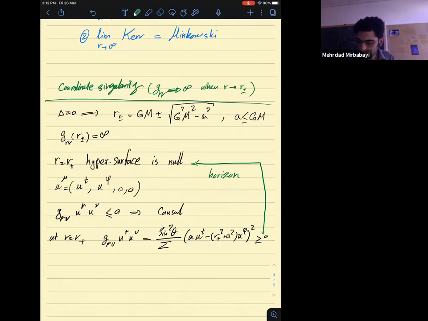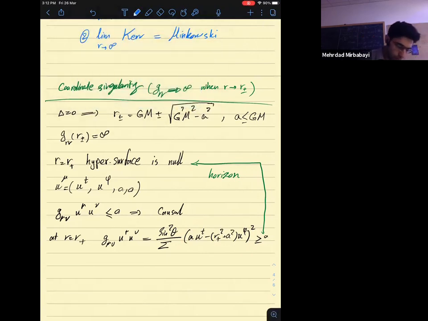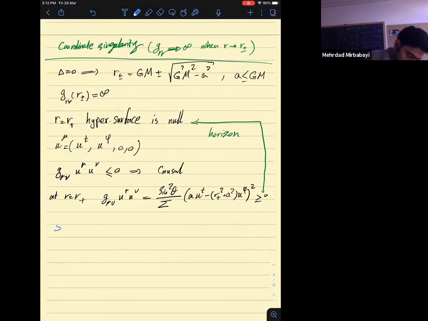Now, one thing that you can see here already, which is kind of useful, is that if I set this to 0, I will get some null curves. Here you can see some property of this null generator. These null generators are actually rotating.